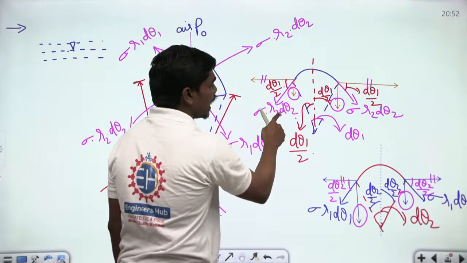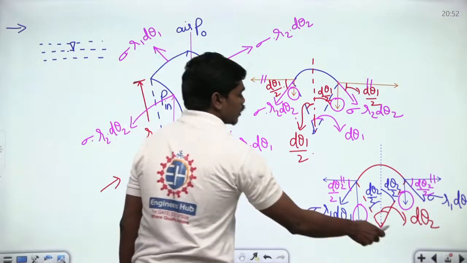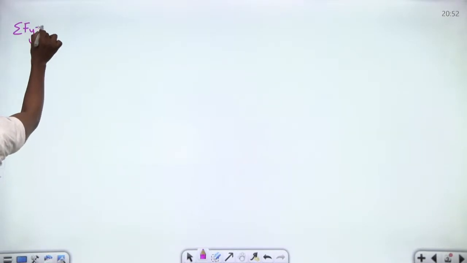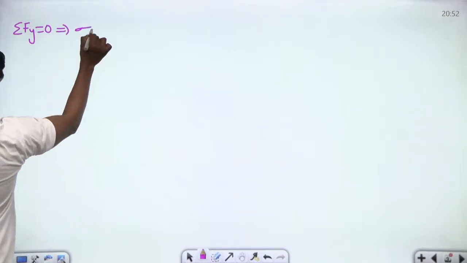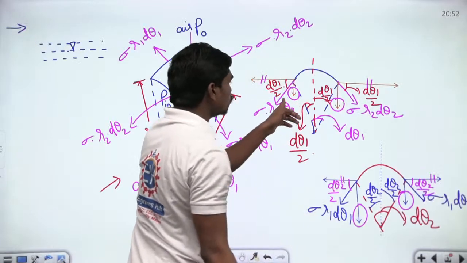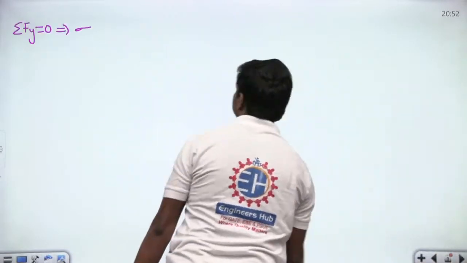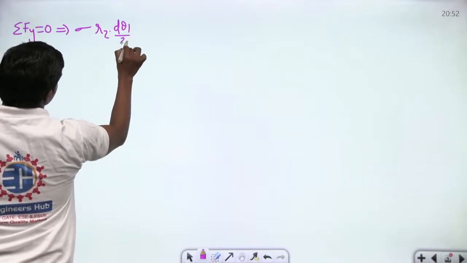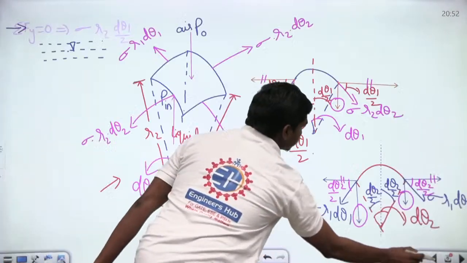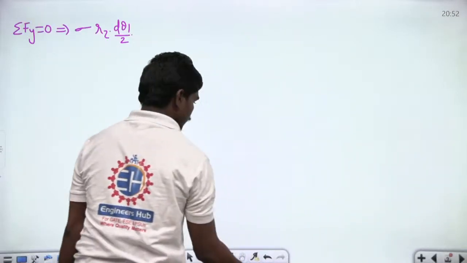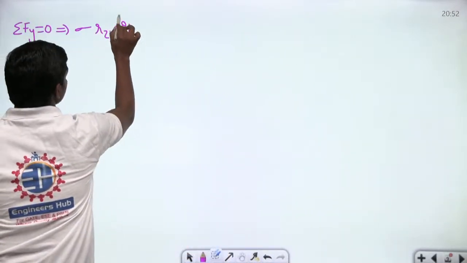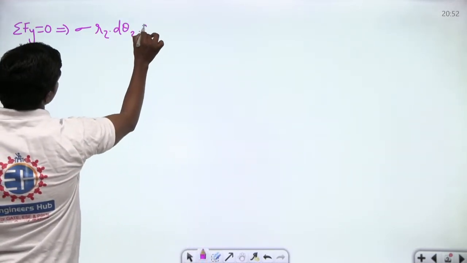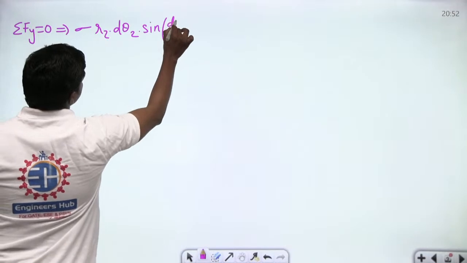So this force is sigma r2 d theta 2 and the sine component of that. Okay. So sigma Fy is equal to 0 implies sigma r2 d theta 2 into sine d theta 1 by 2.